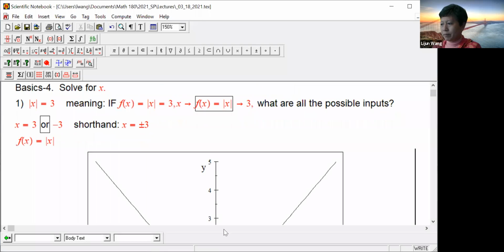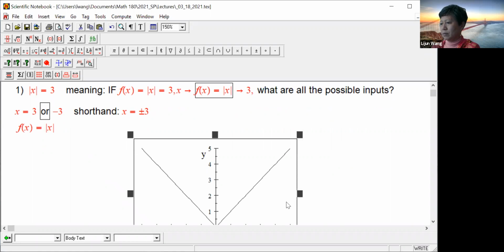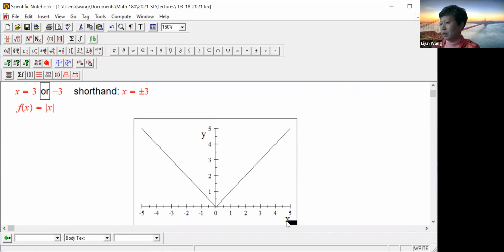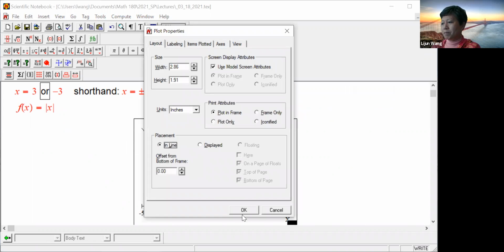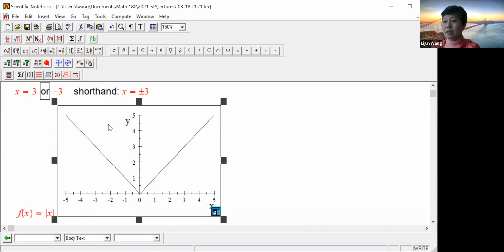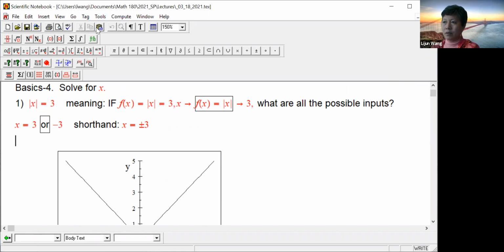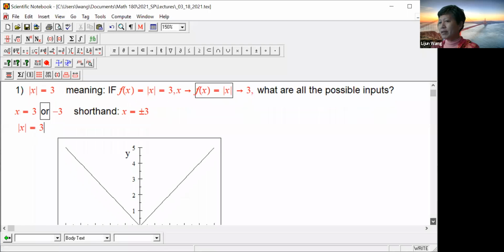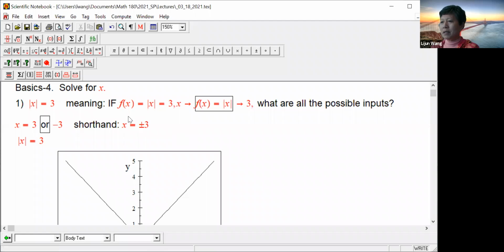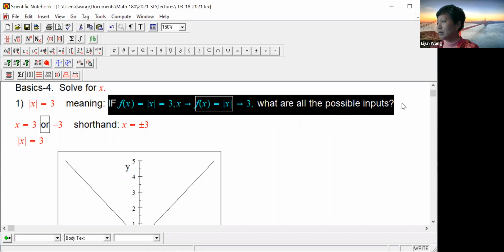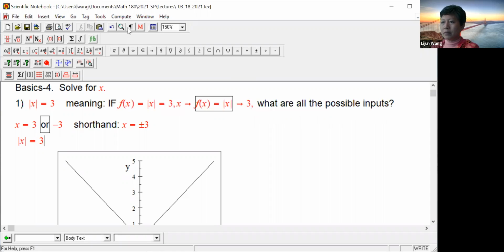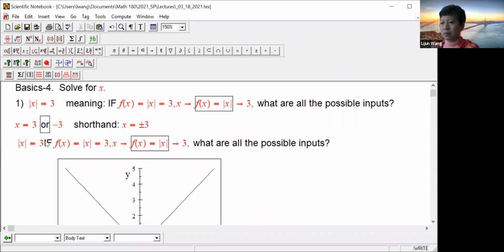So we know the graph, and this if statement basically says, geometrically, if this is true, and the meaning is if this if statement.